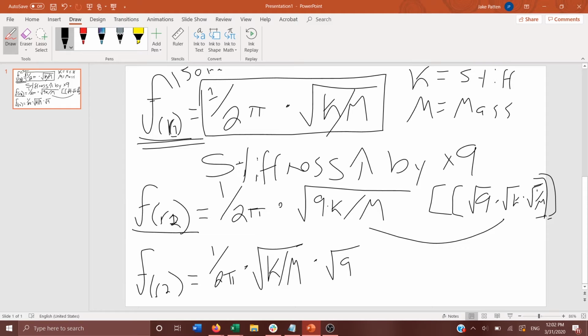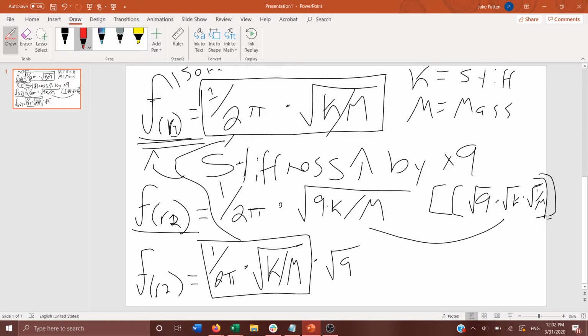But now you should see something familiar here. This is this, which means it's this. So this portion right here is FR1, which means that's 150.